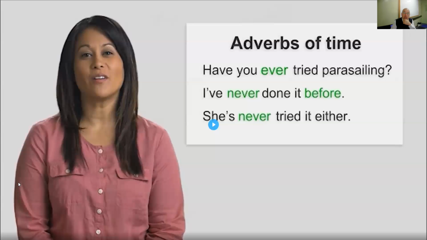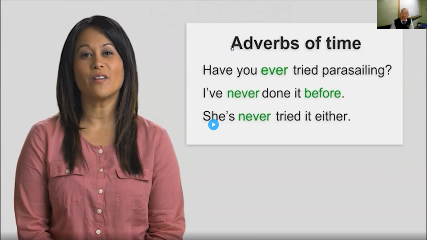Ever? Okay. Adverbs are this, okay? Ever, never, before, okay? All right, or yet as well. Remember, we already saw this in class. We know what they mean and how to use them.